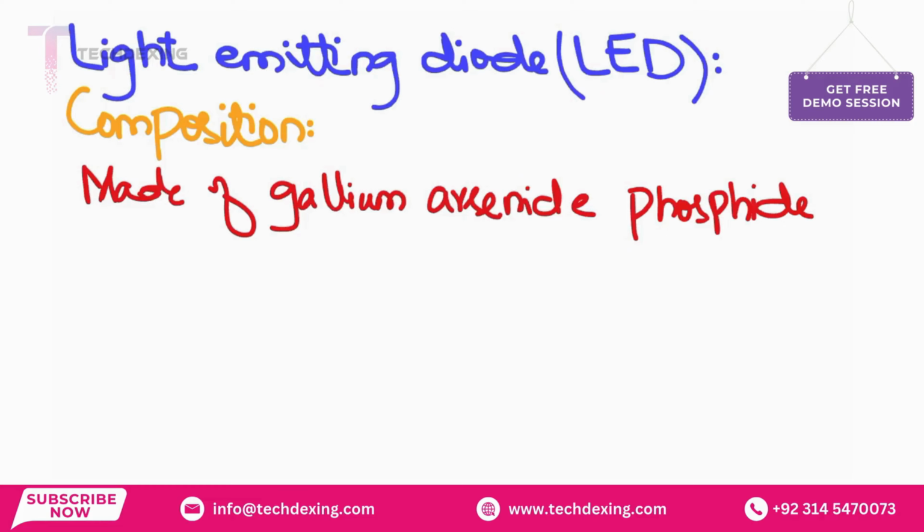If we talk about the circuit symbol for the LED, it is very important. So the second point I would let you know about is the circuit symbol for the LED.